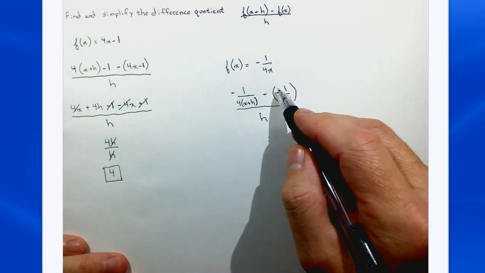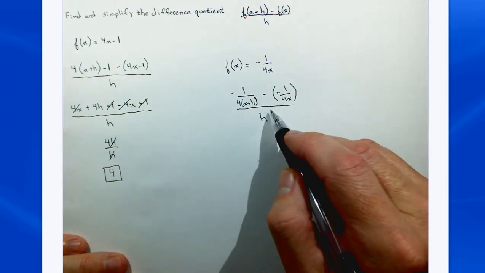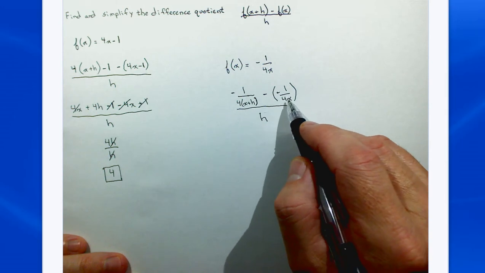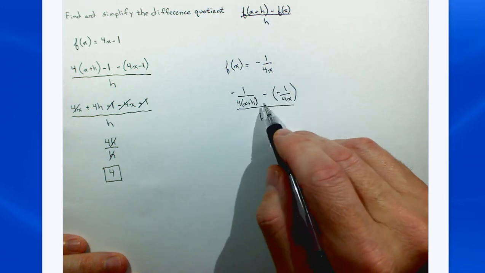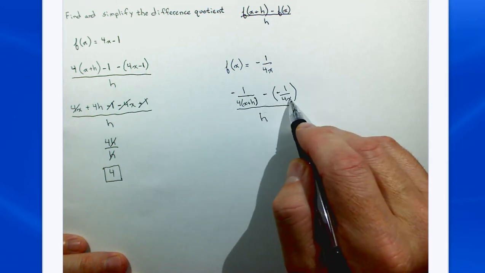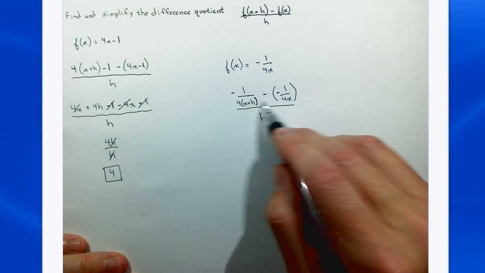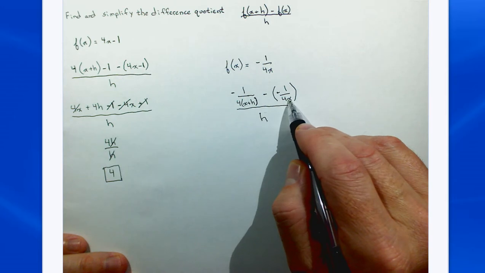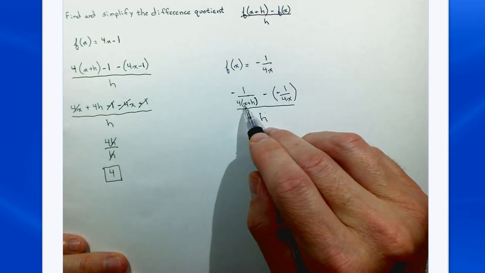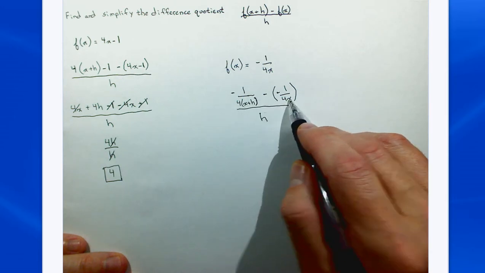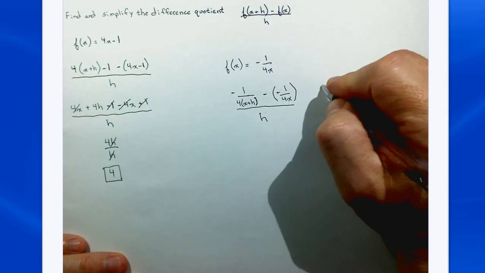Okay, so I have a fraction over a fraction. The first thing I have to start looking for is a common denominator. I need to simply multiply these two together to get that common denominator. They already share 4, but this one has an x plus h and this one has an x. So I need a common denominator.